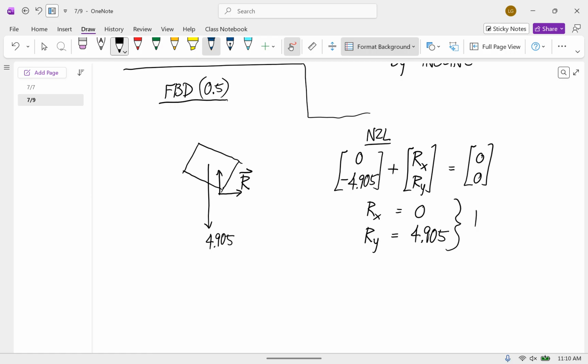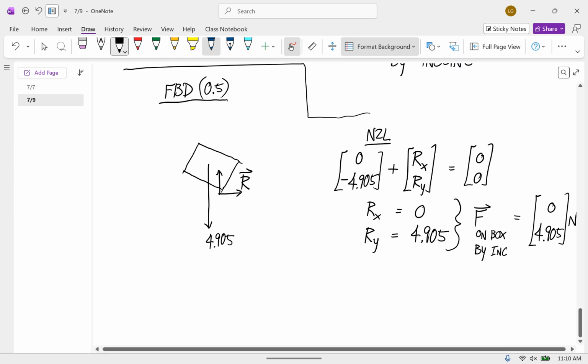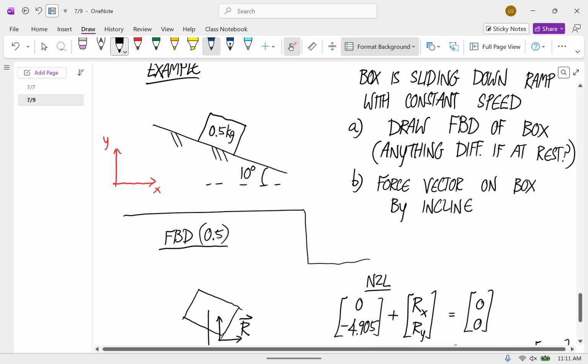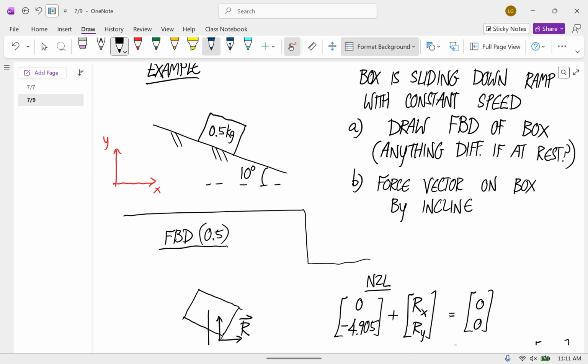And so the force on the box by the incline is just 4.905. Okay, so even though this is on an incline, the force here just happens to be exactly straight up.